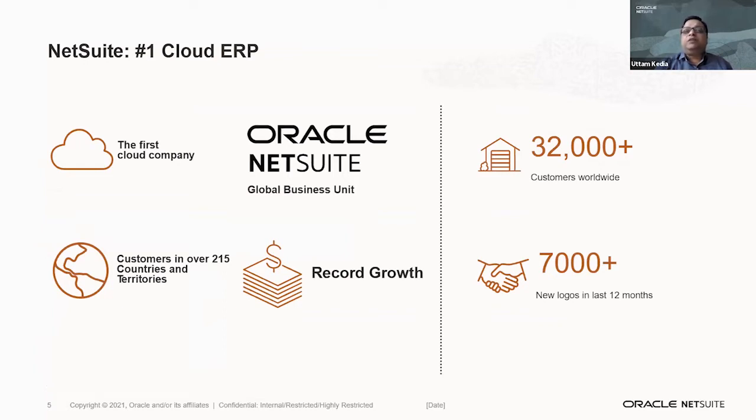Being on the cloud, there's only one version, and Oracle's commitment is to keep availability as high as 99.99% and north of it. So that's the kind of visibility and transparency we are working across. Maybe we can hop on to the next slide to talk through some more details. Next slide, please.